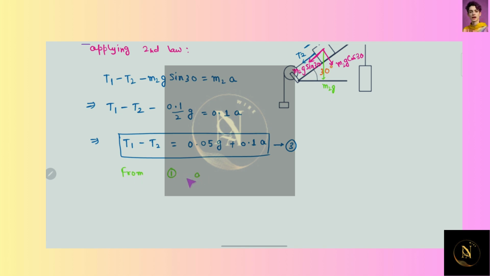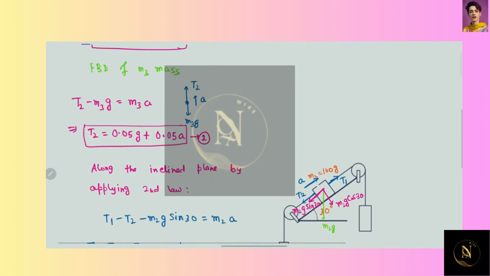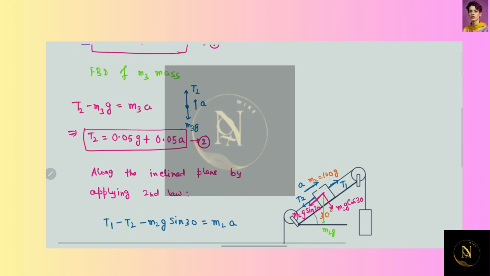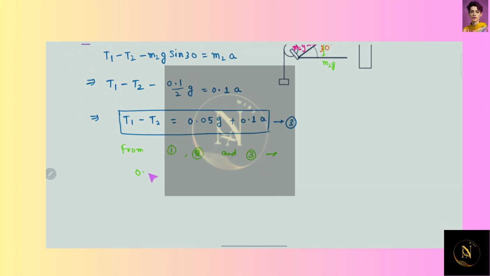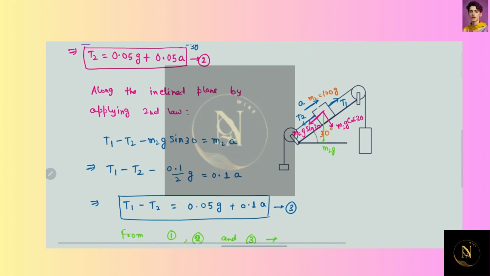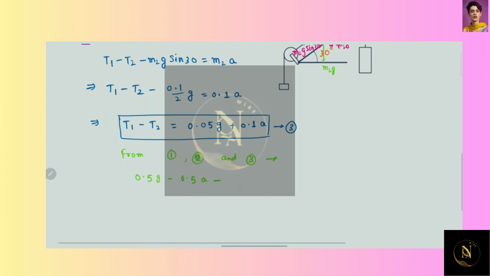In place of T1 I will write 0.5G minus 0.5A, minus T2, which we got as 0.05G plus 0.05A, and that equals 0.05G plus 0.1A.